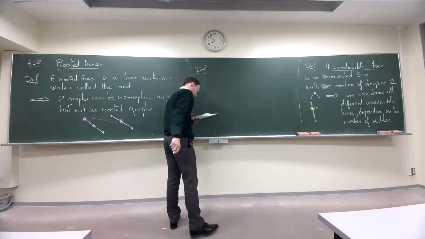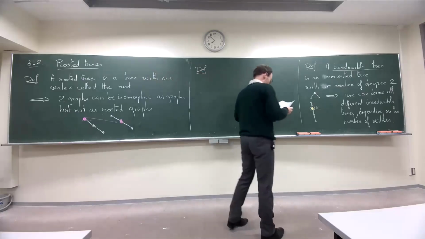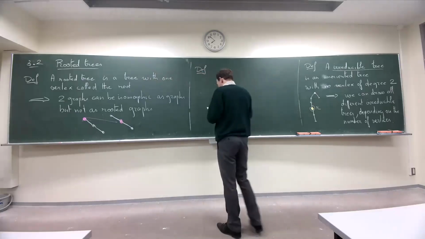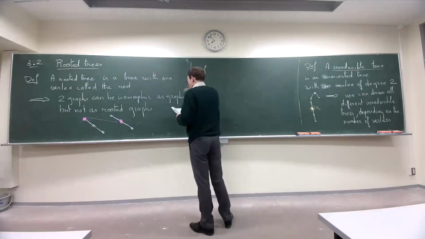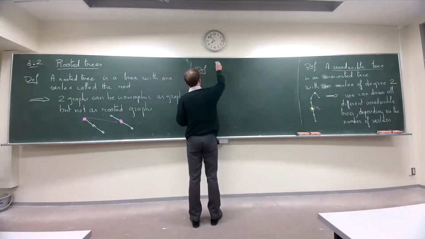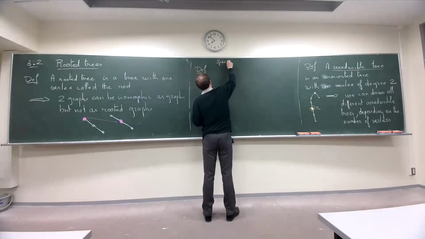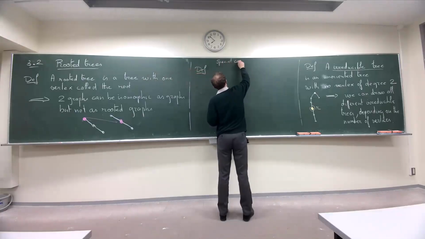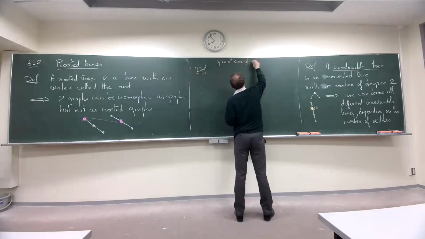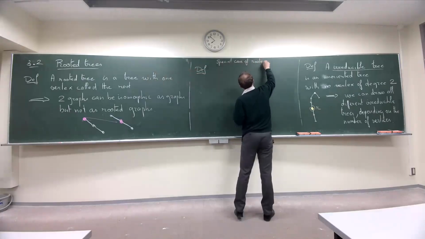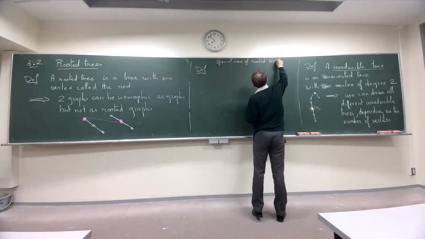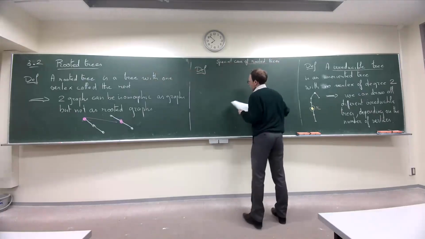Definition. A few different types of rooted tree. So special cases, or special names of rooted trees. This is just some examples.